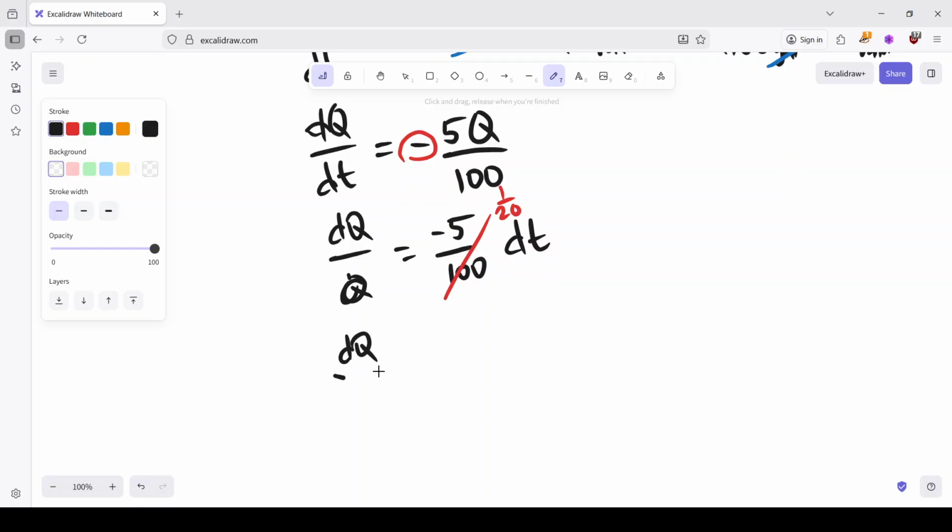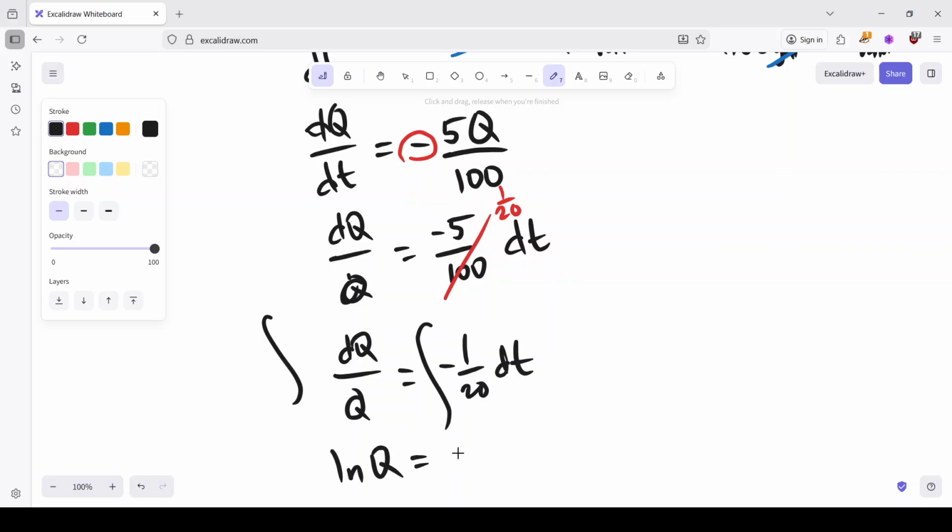So dQ over Q is equal to negative 1 over 20 dt. Then we can integrate both sides. We will have ln of Q is equal to negative t over 20 plus C.